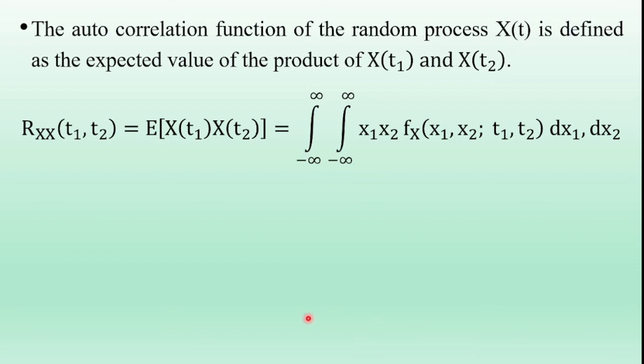That is, Rxx of t1 comma t2 is equal to the expectation of x of t1 x of t2, which is equal to the integral from minus infinity to infinity, integral from minus infinity to infinity, of x1 x2 times the joint probability density function of the random process x of t, dx1 dx2.